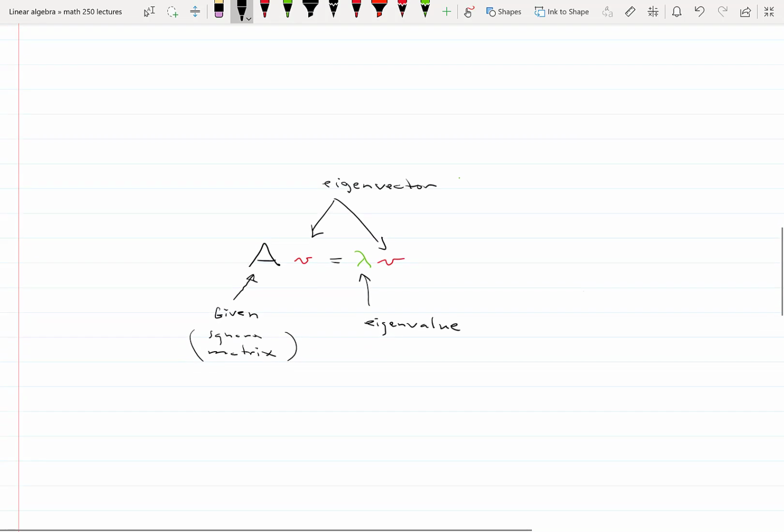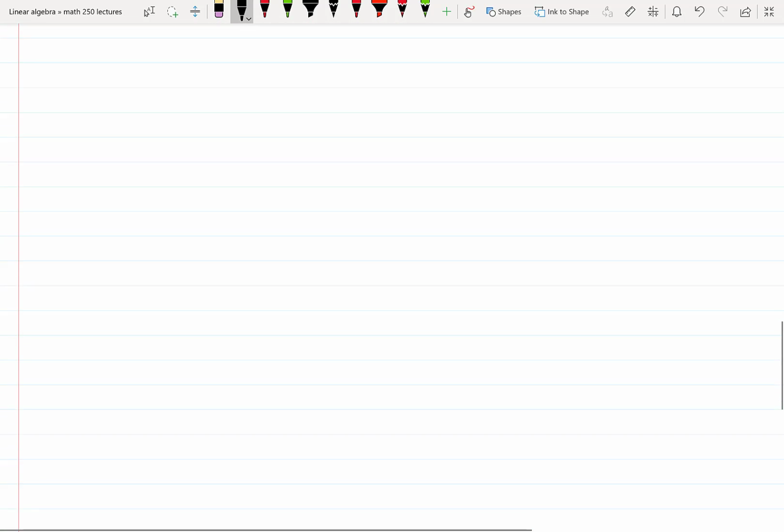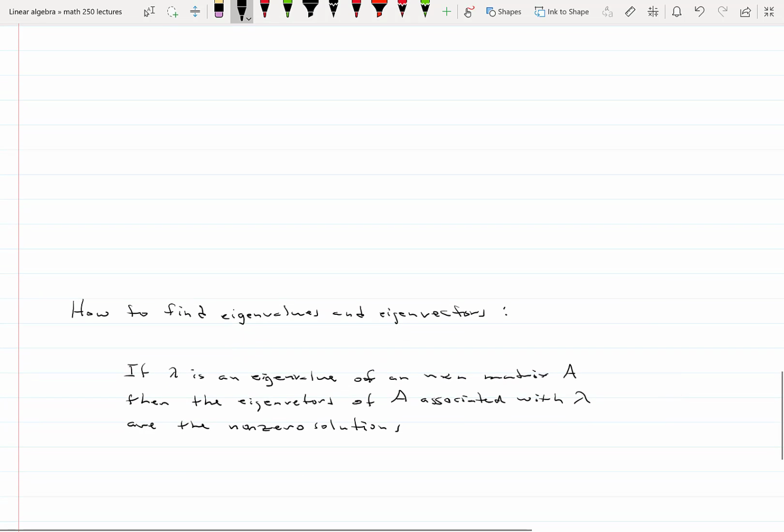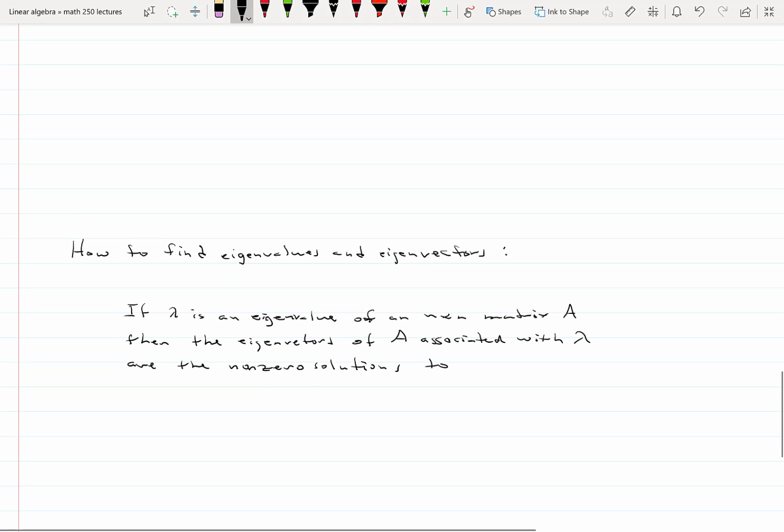All right, so the big question: how to find eigenvalues and eigenvectors. If lambda is an eigenvalue of an n by n matrix A, then the eigenvectors of A associated with lambda are the non-zero solutions to the equation A times x equals lambda x.